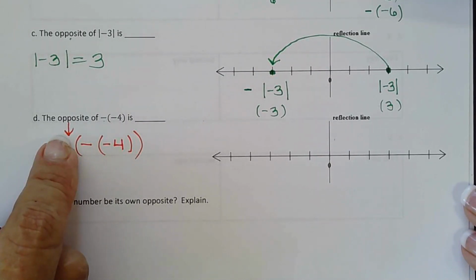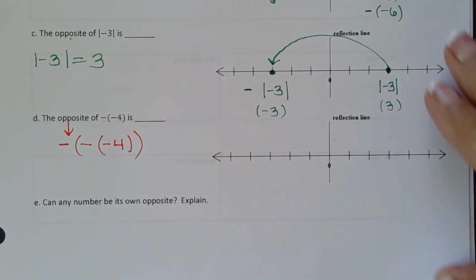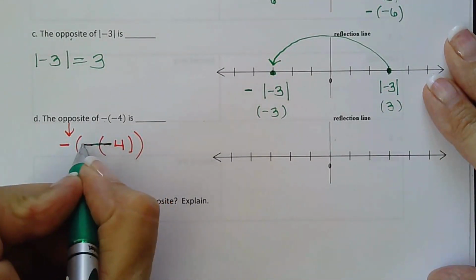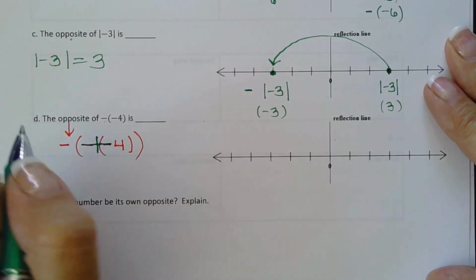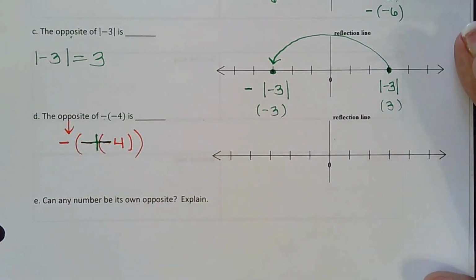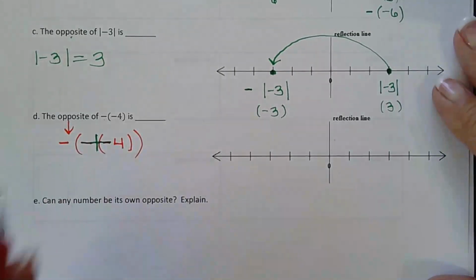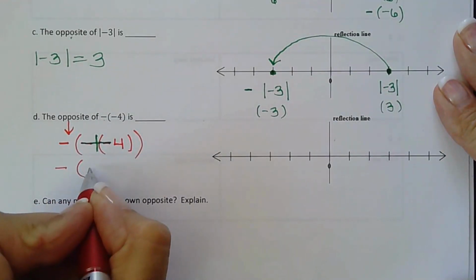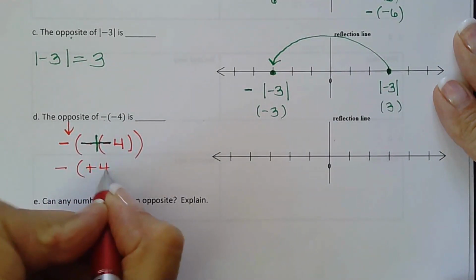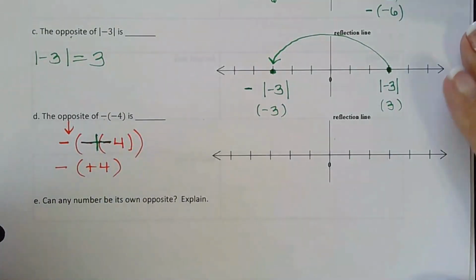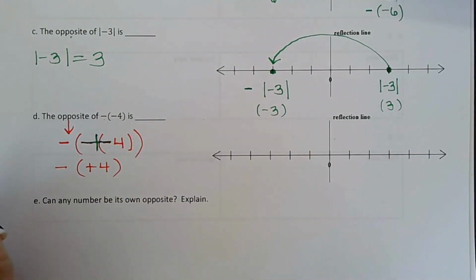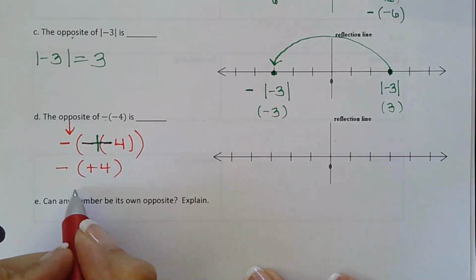Double negative always becomes positive. And the opposite of +4, and if you want to write it again, is -4.